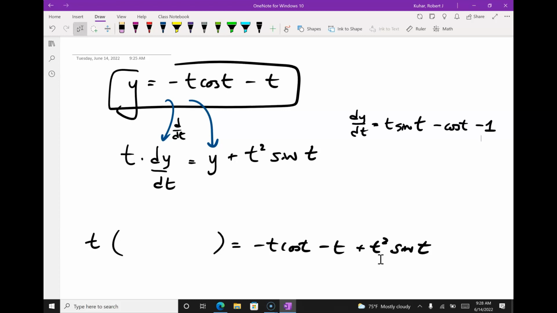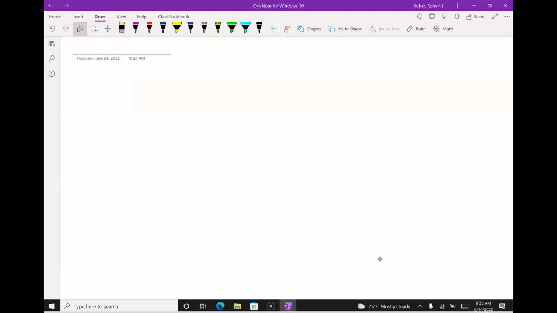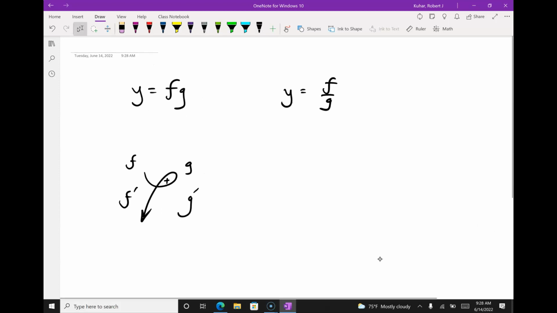Yes? Yeah, so I'll just show you how I teach my Calc 1 students product rule. So if y equals f times g, or y equals f divided by g, so product rule, quotient rule, right? I do f prime, g prime, and I get a p with a positive sign in between. So you see I get f g prime plus g f prime.